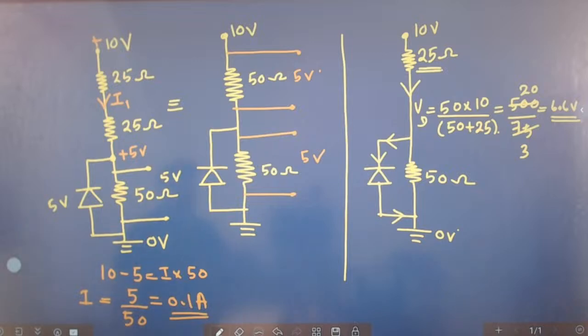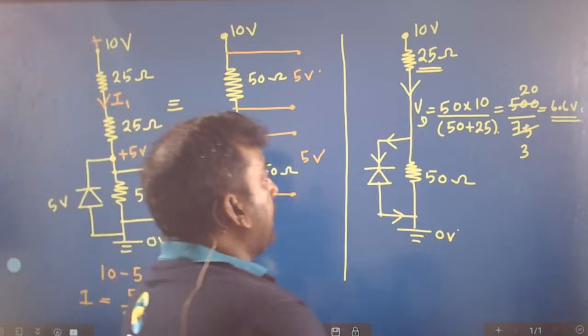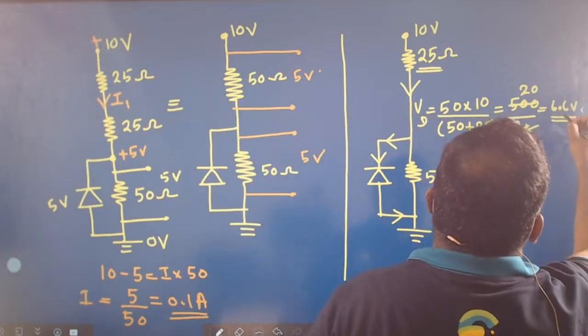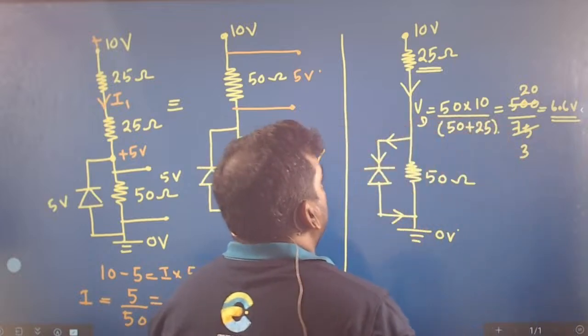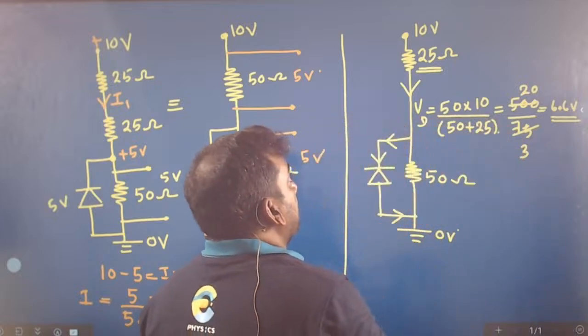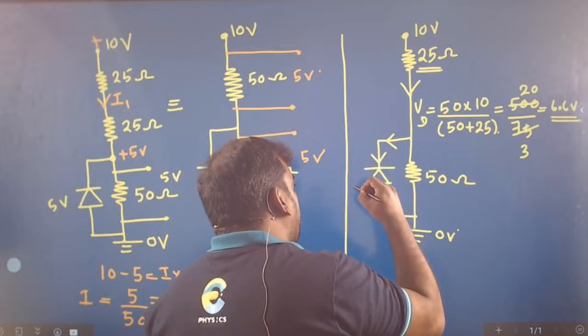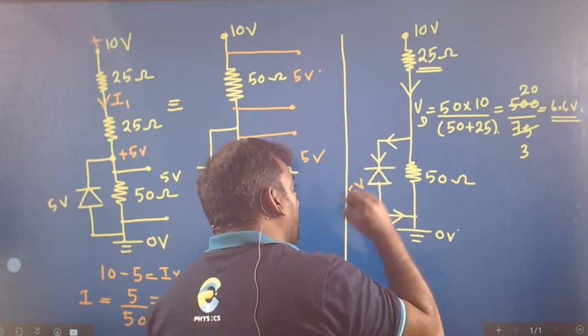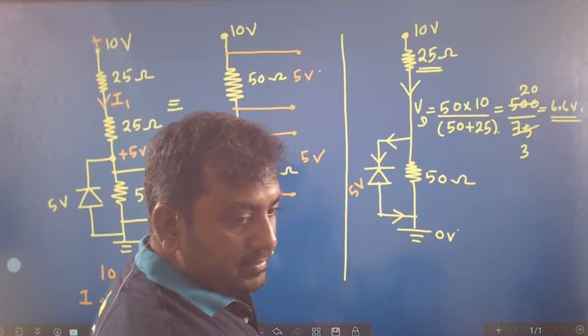Right. Now what has happened? Here if you take voltage 6.6, but don't forget, here breakdown voltage is 5 volt, beyond 5 volt nothing can take place.